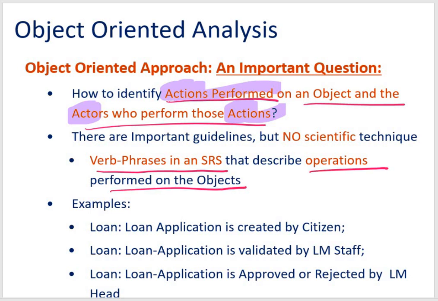There are important guidelines once again, but no scientific technique. So look for the verb phrases in an SRS that describe an operation performed on the objects. All the verb phrases in an SRS are to be considered. For example, your loan application is created by Citizen.